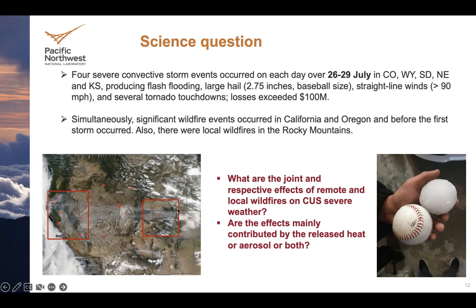And there were also some wildfires in the local region, quite close to the region of the convective storm. So the major science questions for this study are: what are the joint and respective effects of remote and local wildfires on central US severe weather? And the second one is, are the effects mainly contributed by the released heat or aerosol, or both?